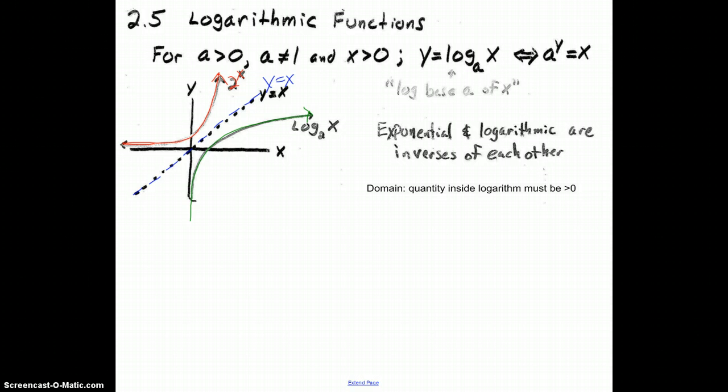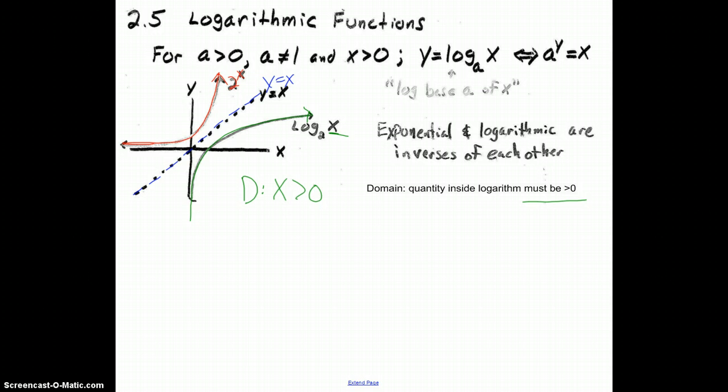Looking at this graph of the logarithm function, when we talk about the domain, the quantity you are taking the logarithm of must be greater than 0. What you're taking the logarithm of has to be greater than 0. This is just a basic logarithm function, and what we're taking the log of is x. x has got to be greater than 0, and you can see that in the graph.